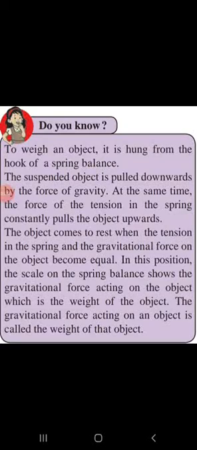The object comes to rest when the tension in the spring and the gravitational force on the object become equal. In this position, the scale on the spring balance shows the gravitational force acting on the object, which is the weight of the object. The gravitational force acting on the object is called the weight of that object.